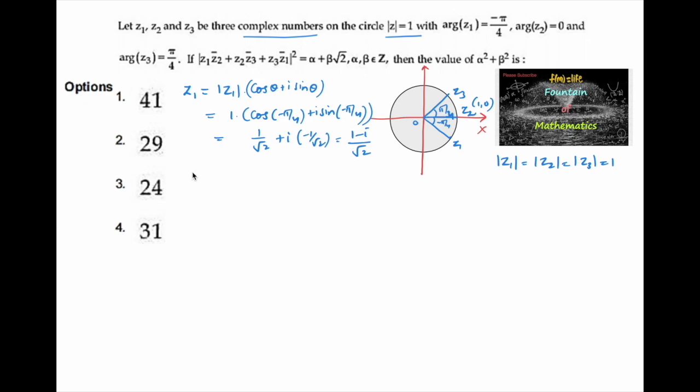Similarly, Z2 is equal to mod Z2 which is 1, and cos 0 plus I sin 0, or simply 1 plus 0I. Cos 0 is 1, sorry, and sin 0 is 0. So we can write 1.